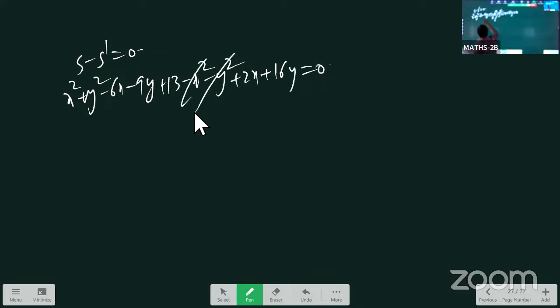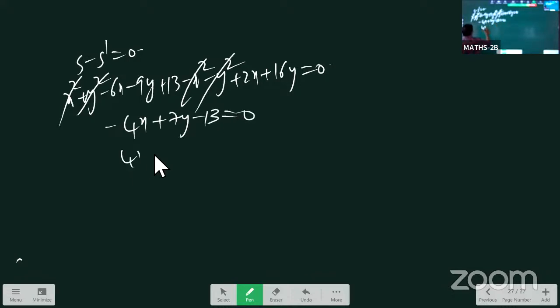Where x square, y square gets cancelled. So minus 4x, that is 4x minus 7y plus 13 equal to 0. Sorry, here it is plus 13 minus. Okay. So that will be our required answer.